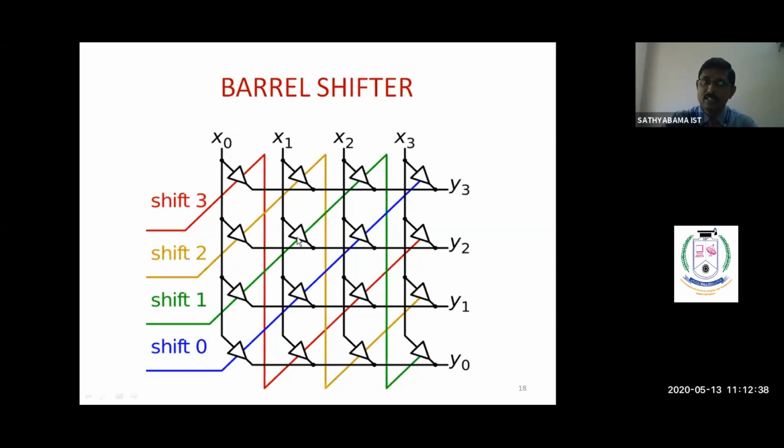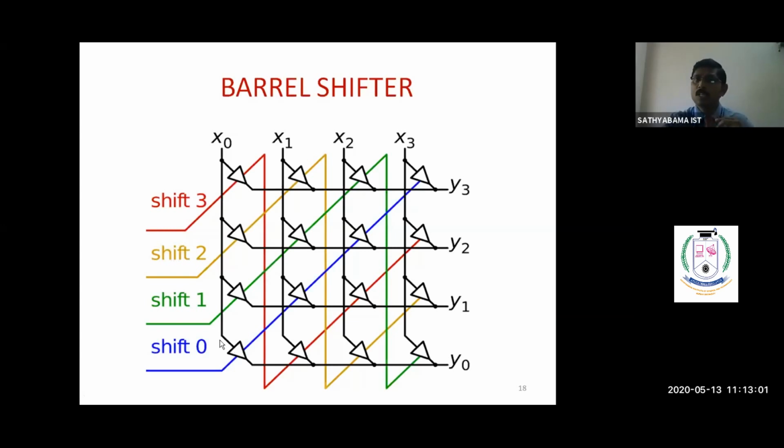Therefore, these transistors are getting activated. Therefore, this X0 value is coming to Y1, and this transistor is getting activated, which means this X1 value is coming to Y2 and this X2 value is coming to Y3. Similarly, for this X3 value, this transistor is getting activated. Therefore, this X3 value is coming to Y0. Either we can shift the data or we can rotate the data by 1 bit.